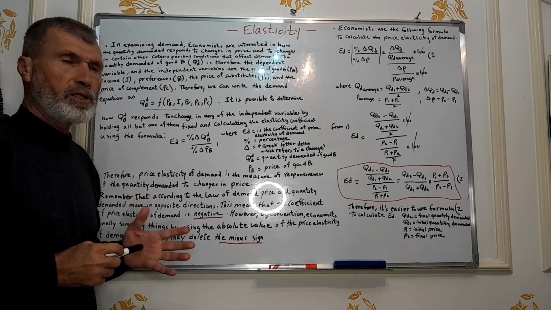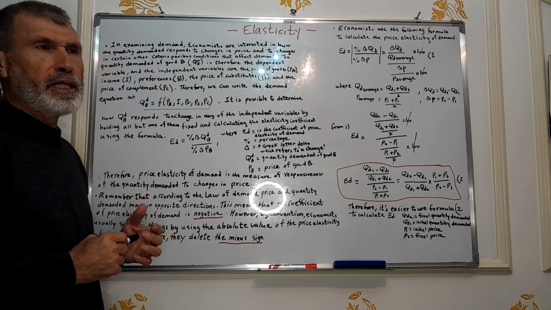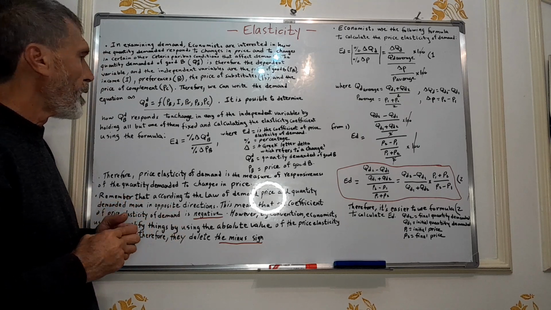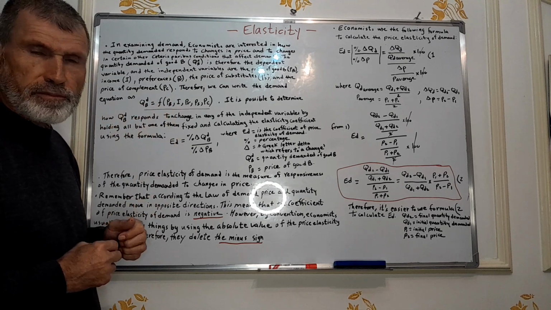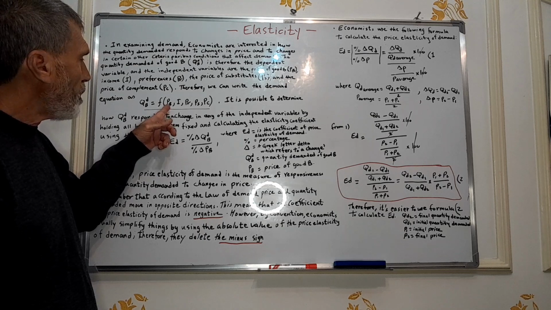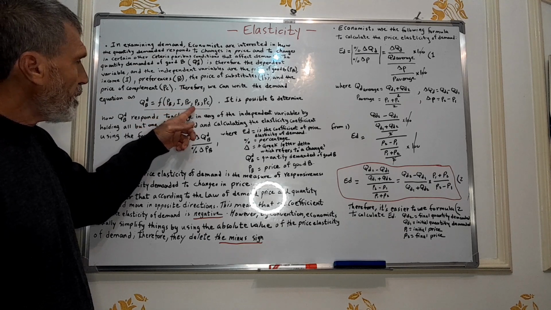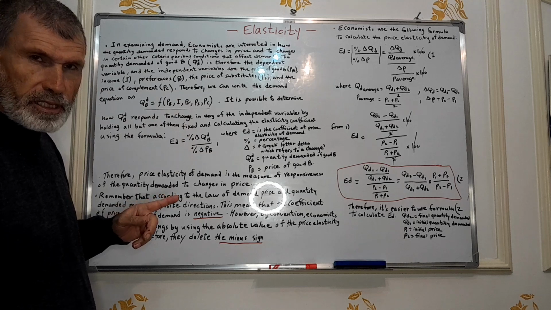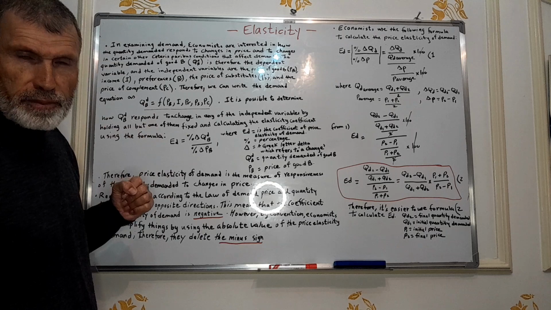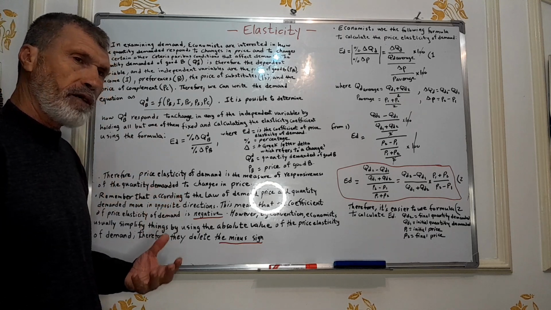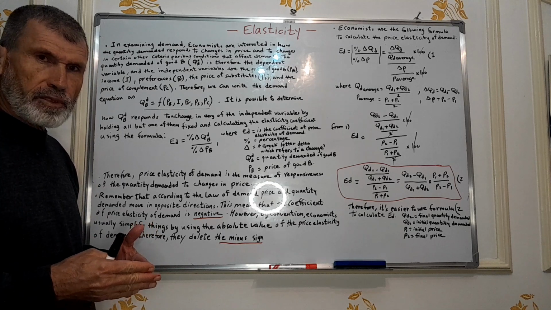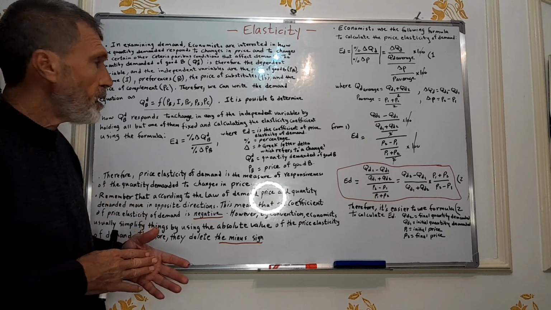In other words, if I want to find the elasticity or how quantity demanded responds to income, then I hold the rest of the ceteris paribus conditions fixed and only focus on income.